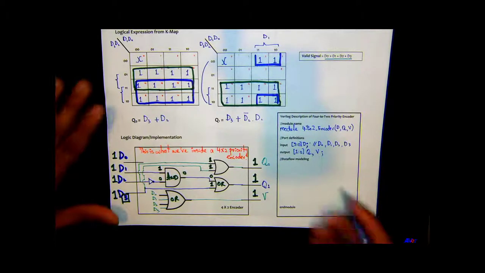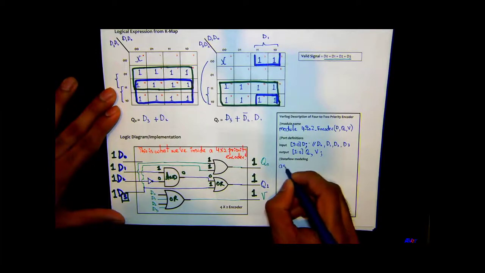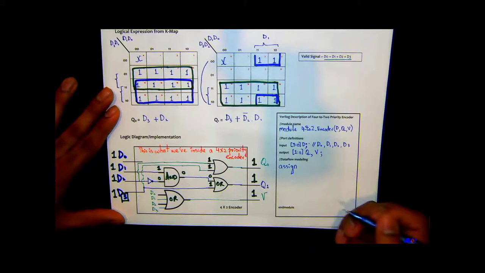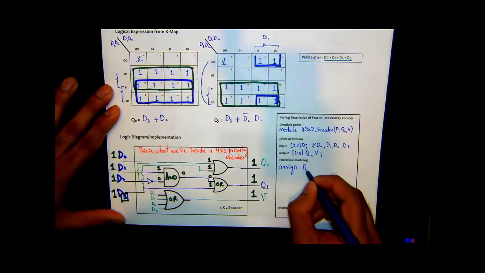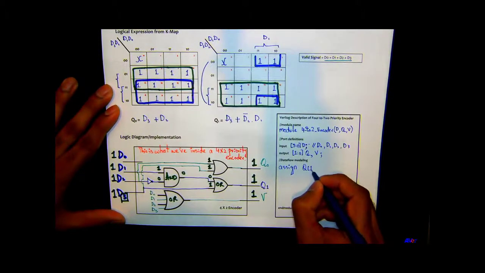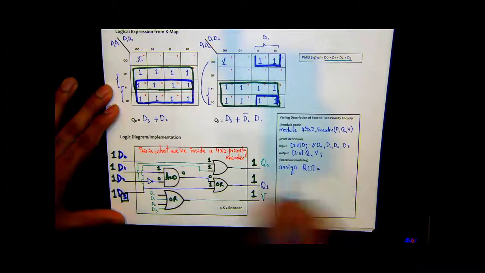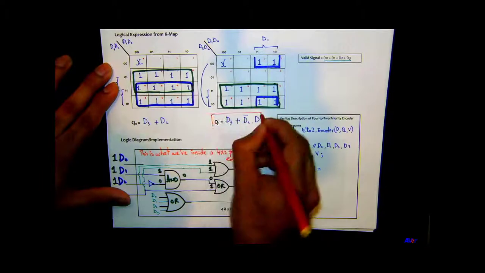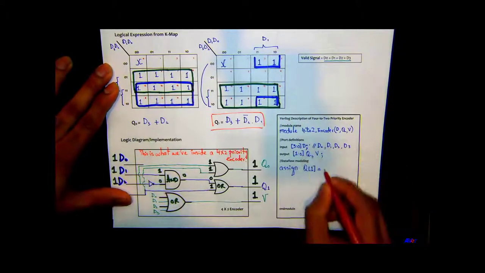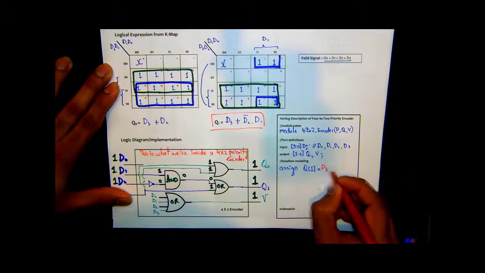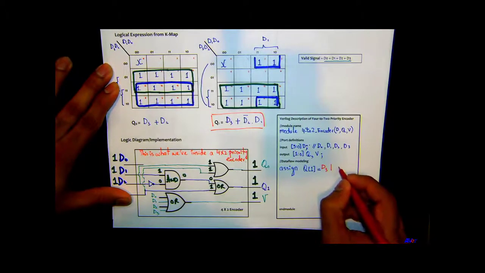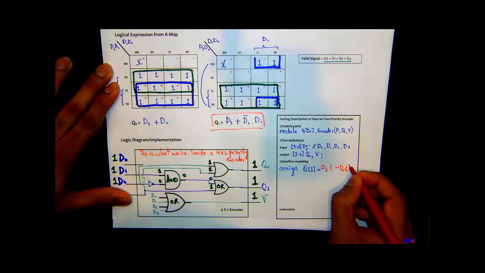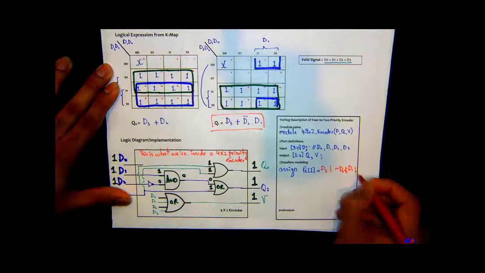Like here we're going to say assign Q1, and the expression for Q1 is right here. So this will be D3, or this is invert of D2 ANDing with D1, semicolon.